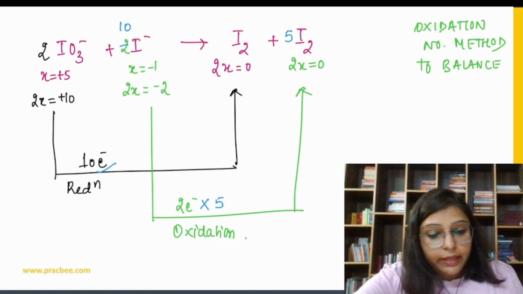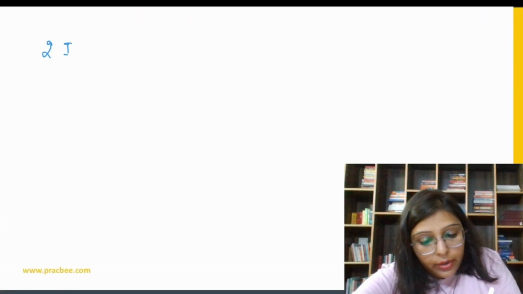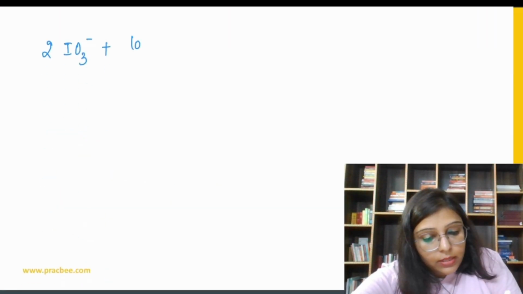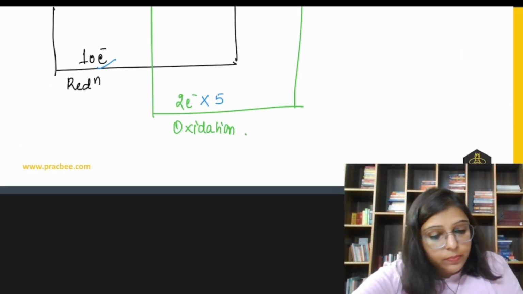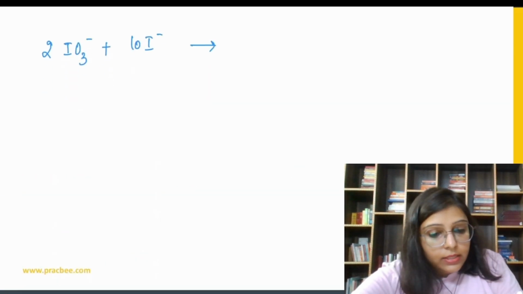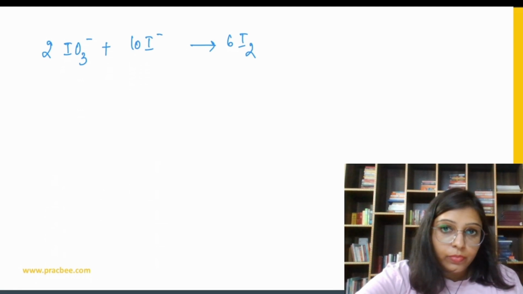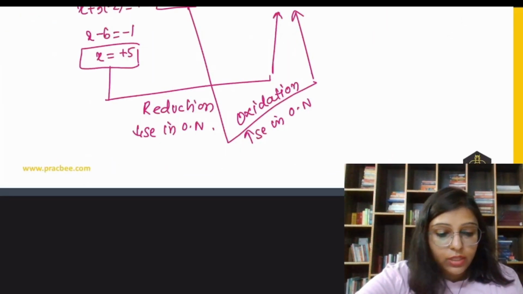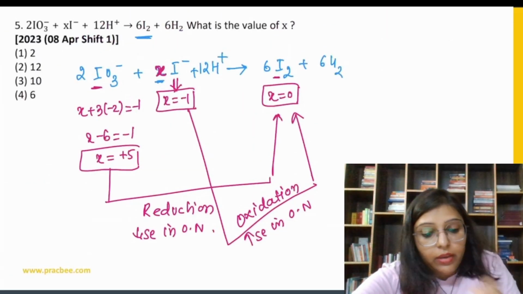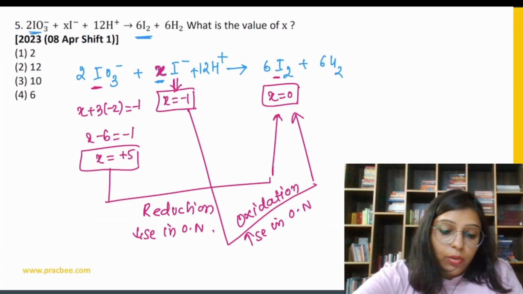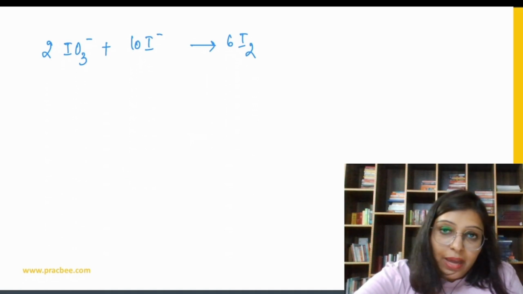After rewriting, we get 2IO3 minus plus 10I minus, and we get 6I2. Now if you see the question, we have 6I2 over here and 2IO3 minus over here. It means now these are balanced.